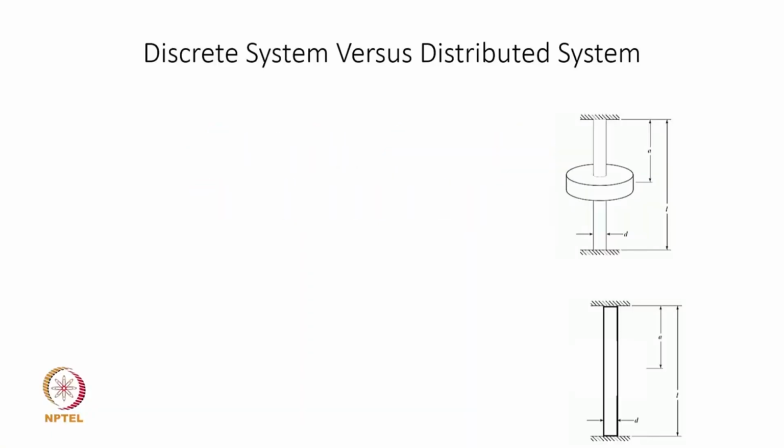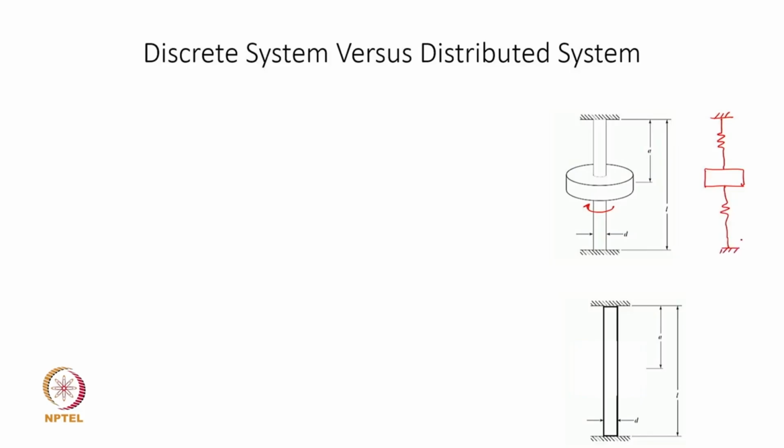Typically an example is of an inertia or a disc which is mounted on the shaft, and if it is to be analyzed as a torsional vibratory system, what we have typically done is we consider this disc to be a lumped inertia, and the connecting shaft is treated as a spring element, right. So that is what we do.